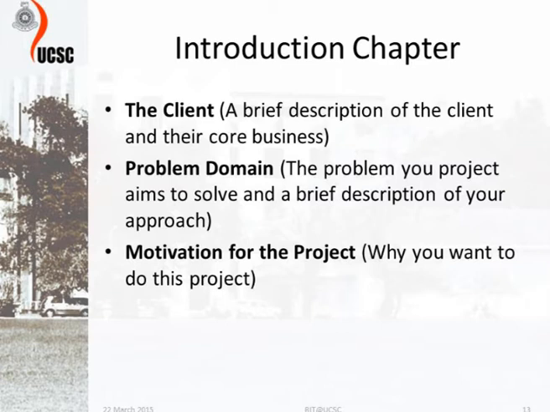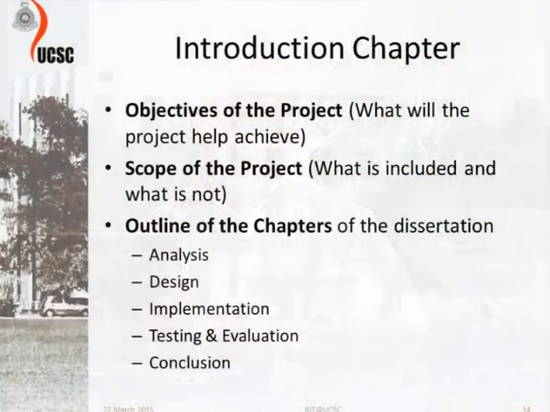So, after briefly explaining the problem, you can also say this is the reason why you selected solving this problem. So, there is some sort of justification for why you have selected this type of project. Once you have done that, you need to clearly define exactly what you are trying to ultimately achieve. To do that, you may have some goals or aims, project objectives.